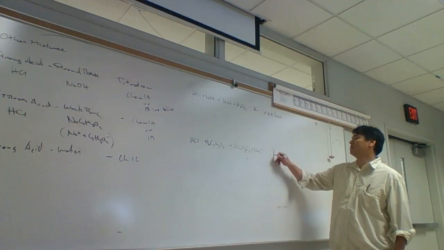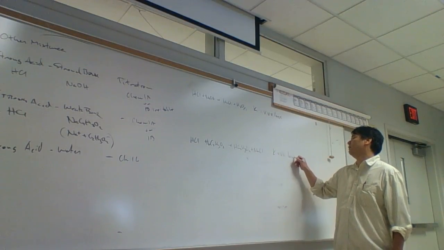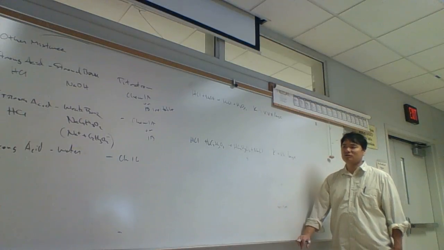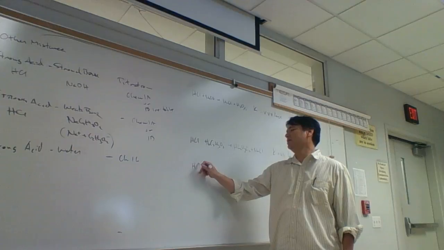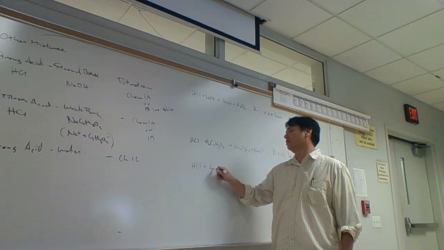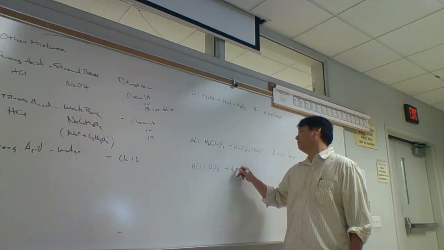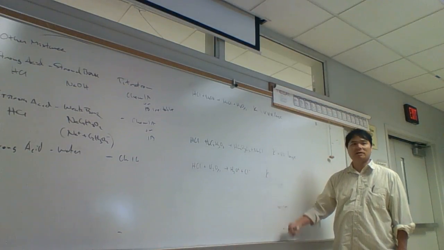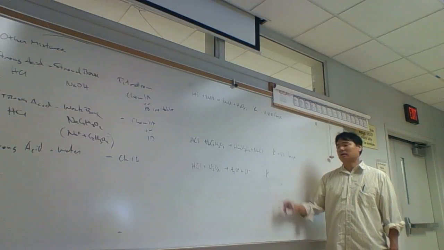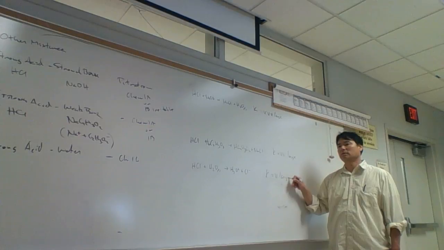And so the K for this one is going to equal very, very large. Because I reserve very large for what? Very large is reserved for HCl and water. HCl and water is going to produce hydronium and chloride. And we already know K for this because you're supposed to have memorized it. The K for this is very large.